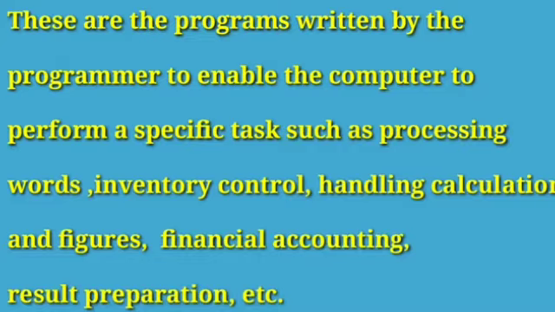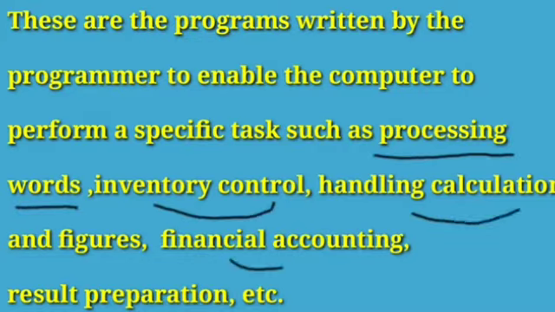The task can be related to word processing, inventory control, handling calculations or figures, financial accounting, or result preparation. So for different purposes, for different specific types of tasks, specific kinds of applications are designed, which are called application software.